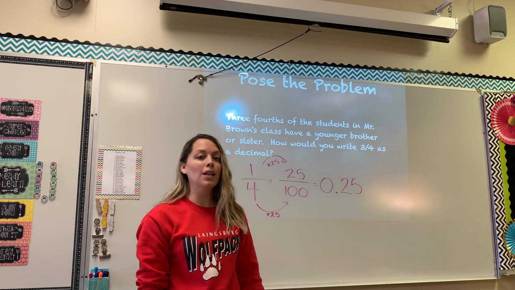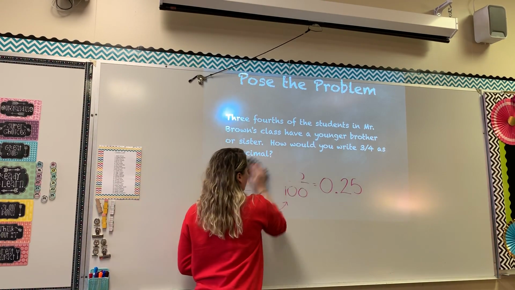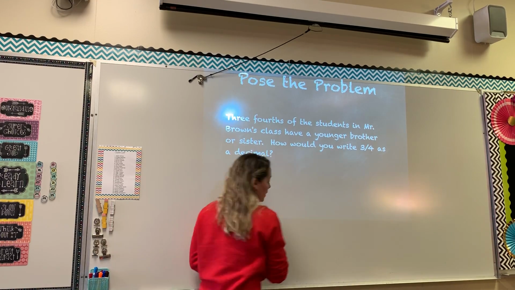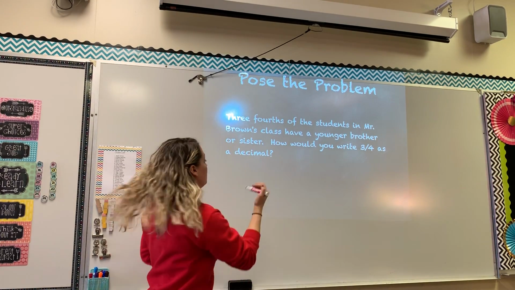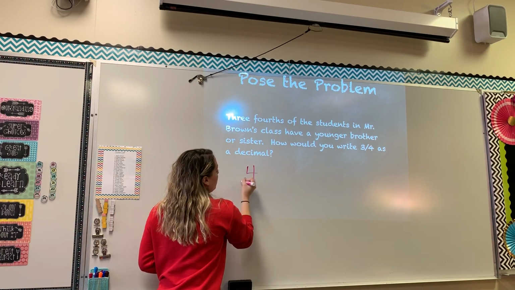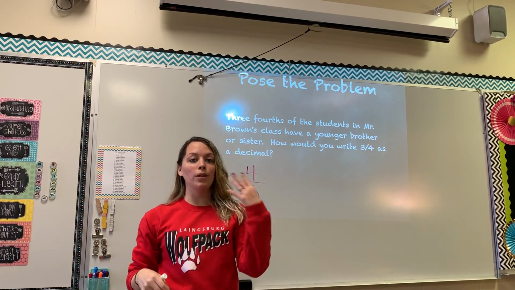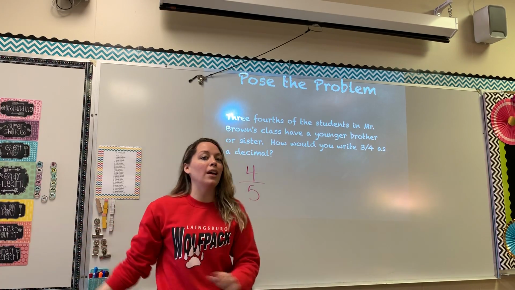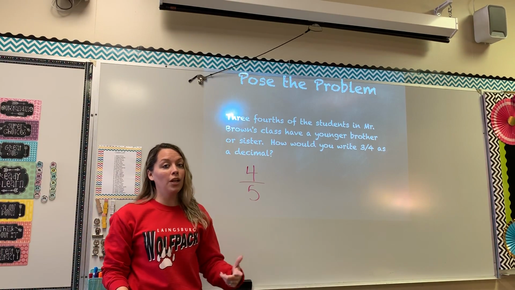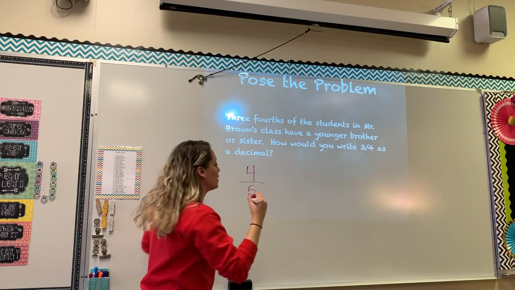All right, I'm going to do one more example. This time, the fraction I'm going to use is 4/5. Again, I have to change it to a decimal, but with decimals you can only use tenths, hundredths, thousandths, and so on, and this one is in fifths, so I need to change it. I'll try tenths first.